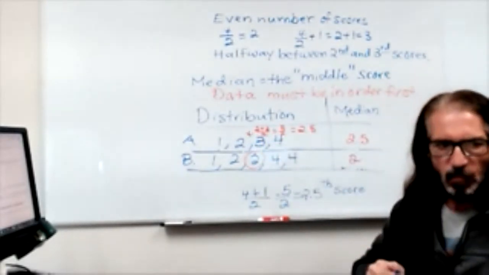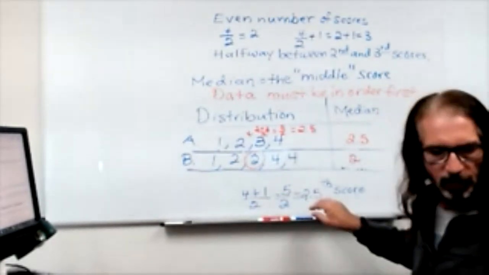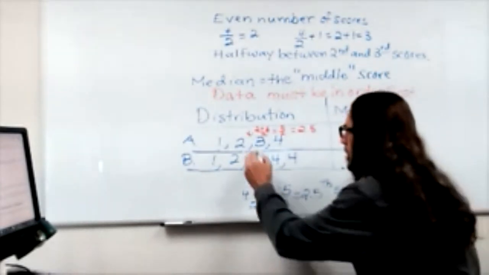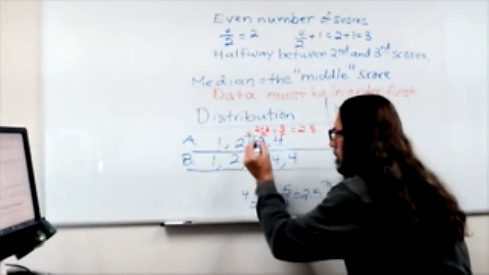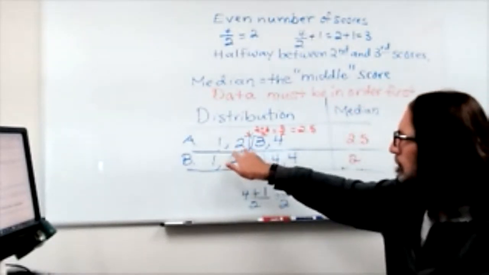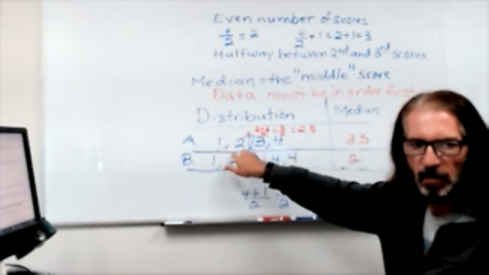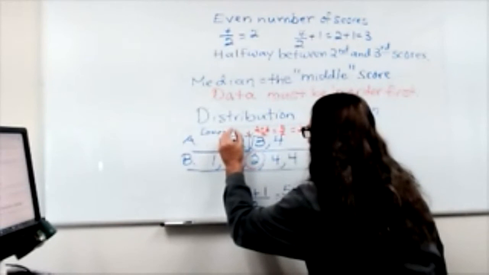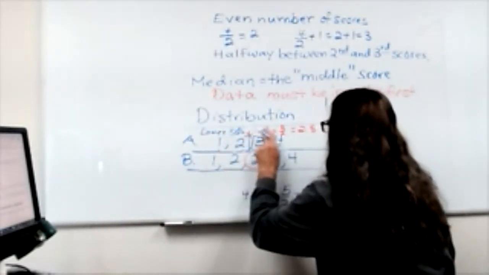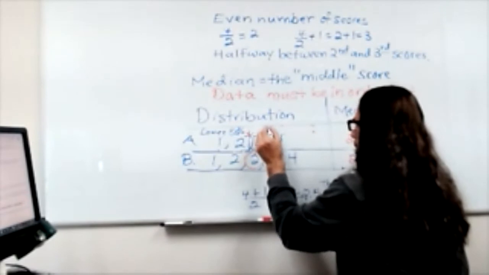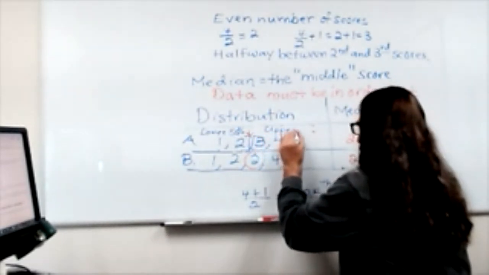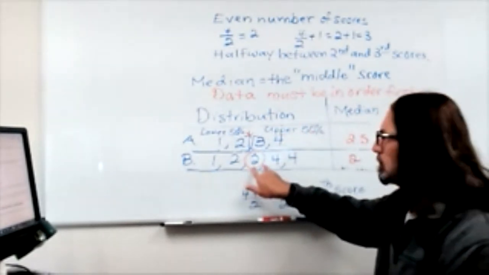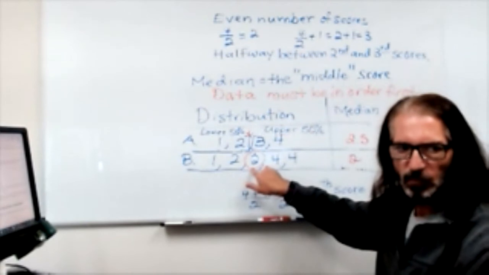Now, why is median a measure of central tendency? Well, in the first distribution, or whenever you have an even number of scores, that splits up the distribution into the lower and upper 50%. Whereas when there are an odd number of scores, it's not exact, but it's the closest that we're going to get.